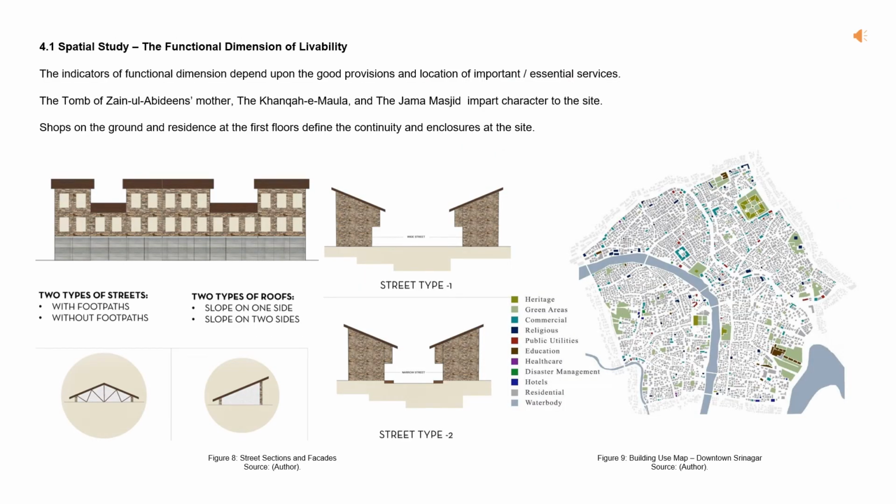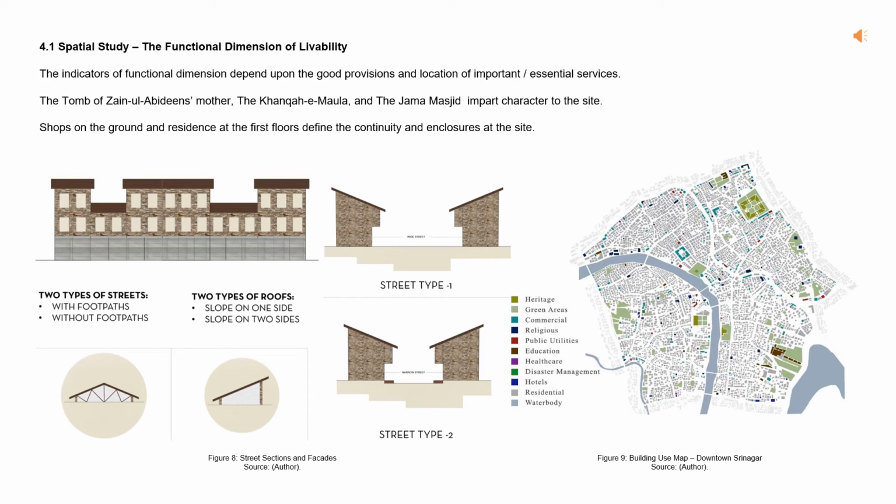Now, for the better livability of an area, there are indicators of functional dimension which may depend upon the good provision and location of some important and essential services. But the densification of SHEHRE KHAS and the lack of some essential services has led to the migration of people from downtown to upper town.